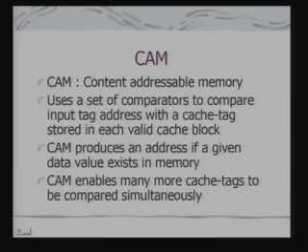The basic idea is that we can think in these terms, that we have got a set of comparators, and that comparator compares the input tag address with a cache tag stored in each valid cache block. So, I am doing many such comparisons in parallel.